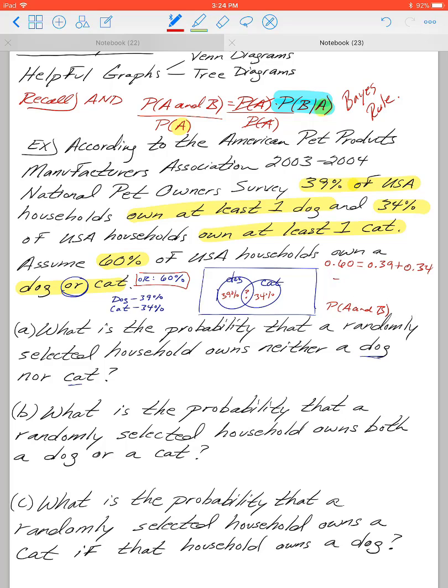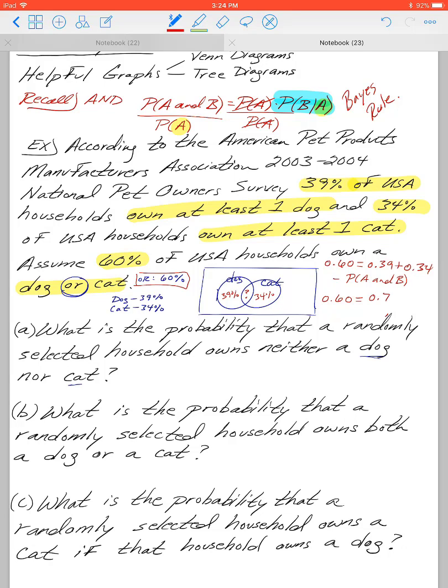Maybe some of you algebra brains prefer this version. But again, the idea is that we end up having 60% is equal to, what do we have here? I think that's going to be a 73/100ths. Subtract something, right?